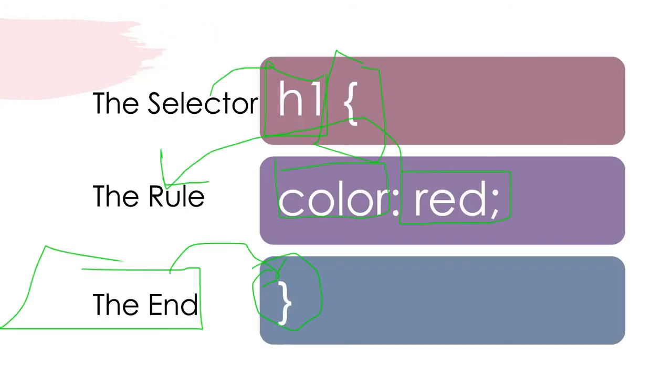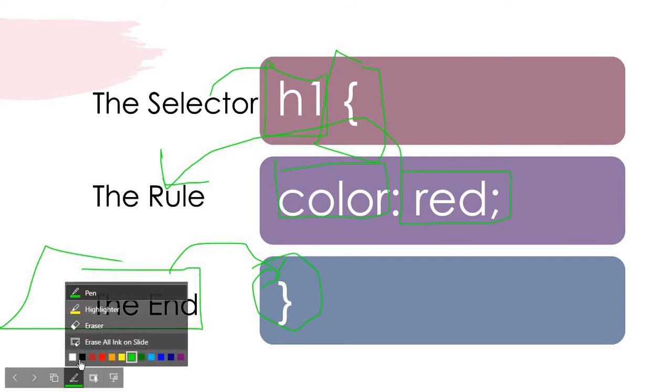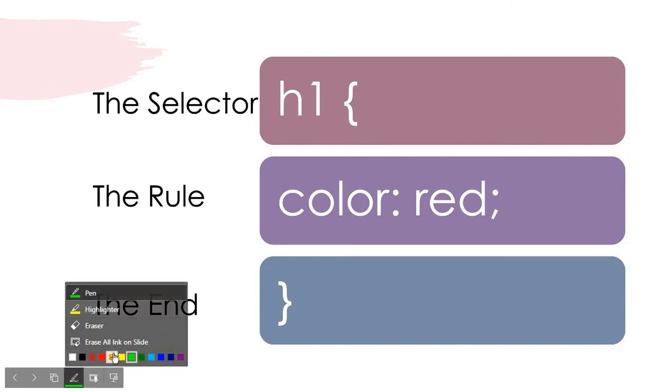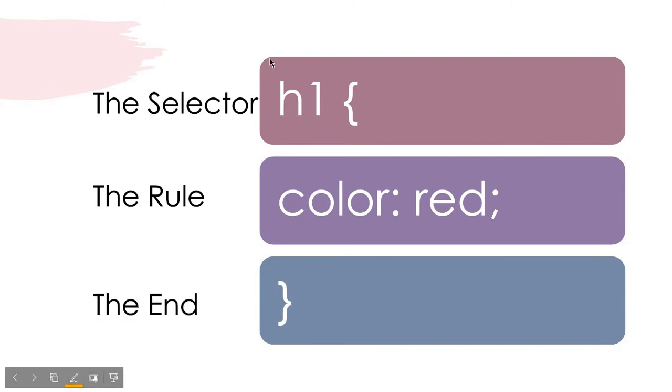It means that the H1 is obviously defined in the HTML, and if it's not, then it won't do anything.